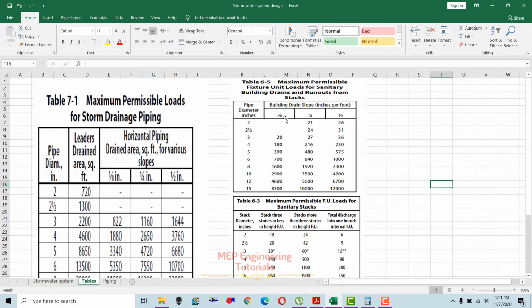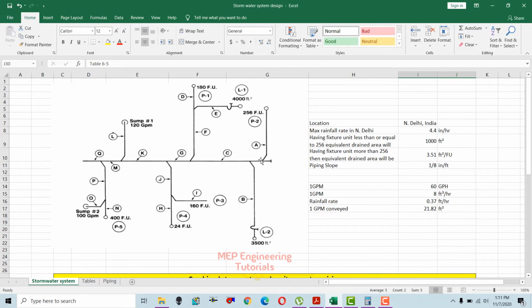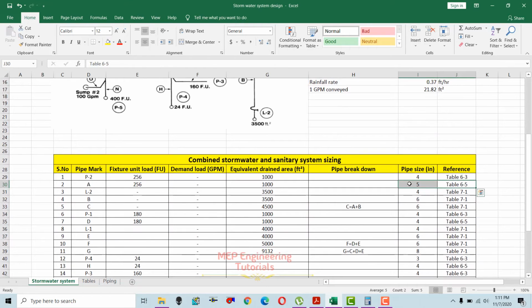Since we know the slope we have used here is 1/8 inch per foot, we have to follow this column, 1/8 inch per foot slope. 256 fixture units is in between, so we'll go for the higher value, 390. You check the pipe size here is 5 inches. So the pipe size from the stack run out to the main pipe, this section A, is 5 inches, using table 6-5.